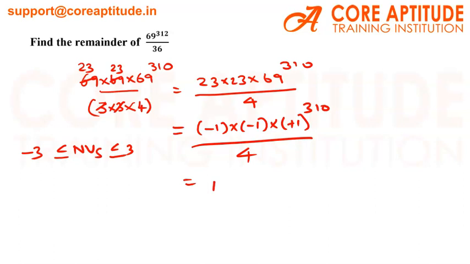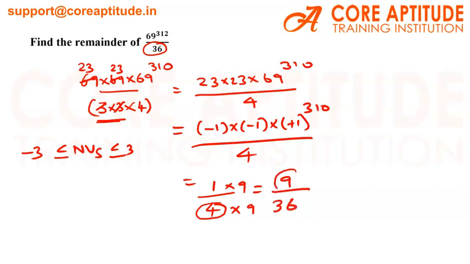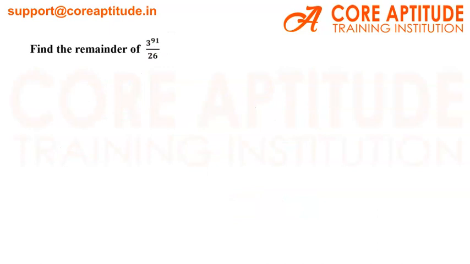So 1 to the power 310 is anyway going to be 1. So you got 1 by 4. 4 is the divisor, whereas in the question it is 36 because I have cancelled out 9. So multiply the final fraction that you got with 9. So it will be 9 by 36. So answer is 9. Find the remainder of 3 to the power 91 divided by 26.